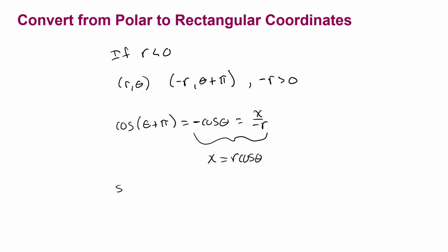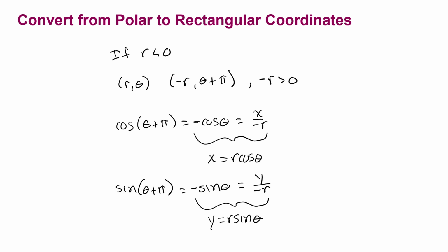Similarly, sine of the quantity theta plus pi equals negative sine of theta, and this will equal y divided by negative r, and therefore y will equal r times sine of theta. So this shows us that the conversion equations that we will be using are valid for any polar coordinate r, theta, whether r is positive or negative.